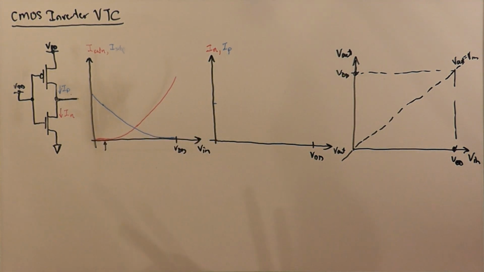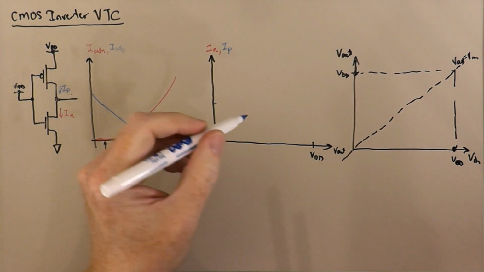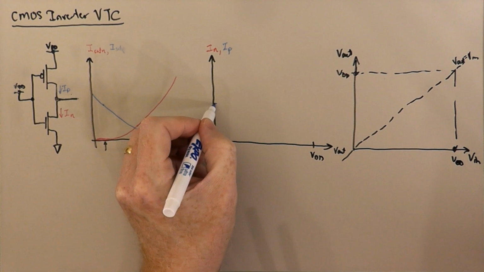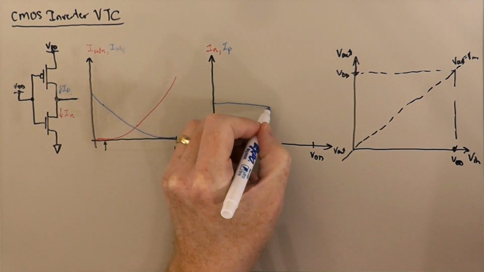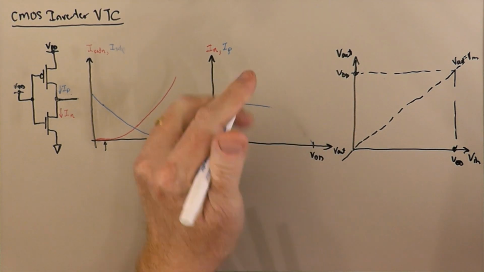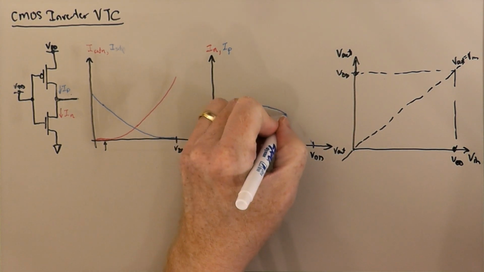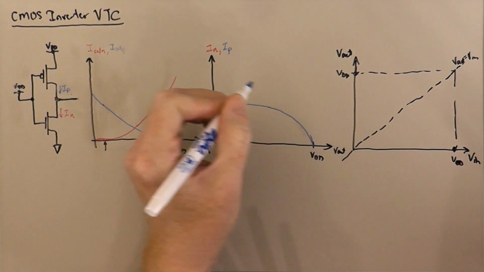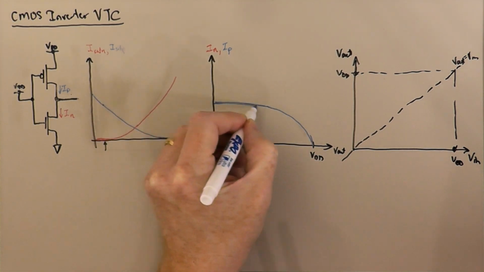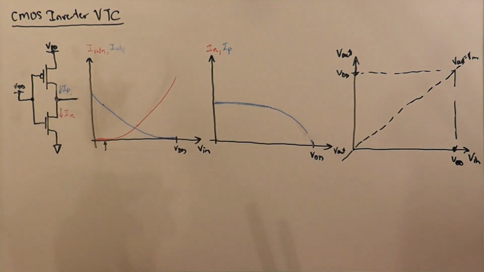Okay? So the PMOS transistor is going to be having a characteristic that looks maybe something like, and so there's a parabola that opens down, something like that, and then it hits the saturation part of its characteristic, and it's going to be looking something like that.